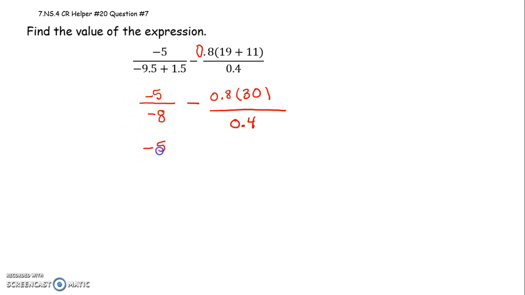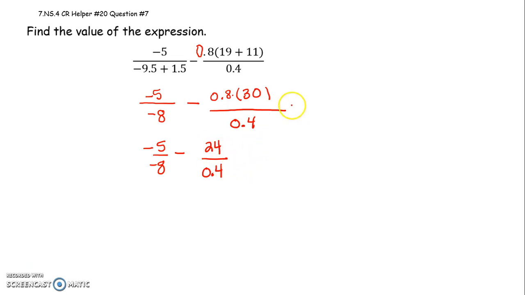I'm going to just leave it -5 over -8 minus the operation here in this numerator to get a single value in this numerator, 0.8 times 30. Use your calculator if you need. 0.8 times 30 is 24. And then I keep my 0.4 in the denominator.